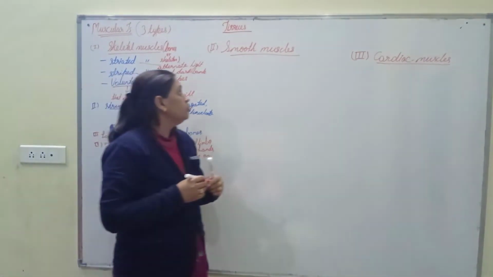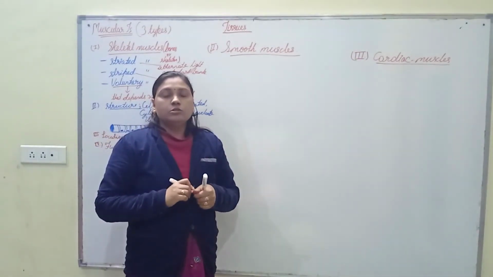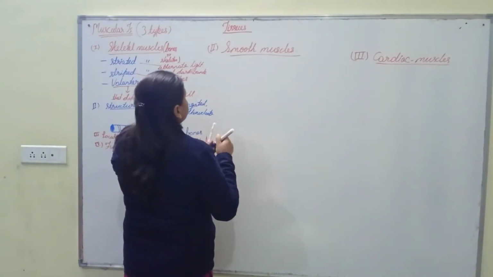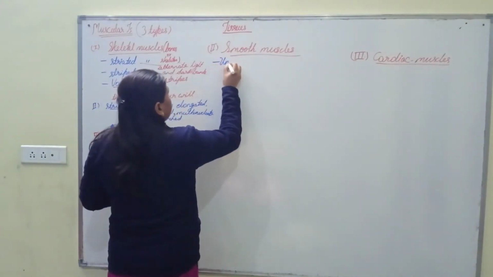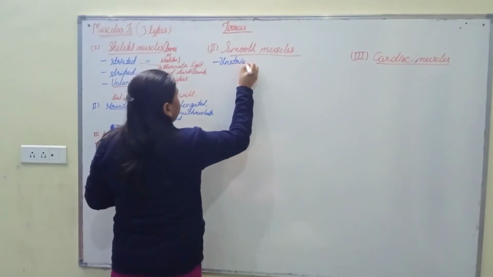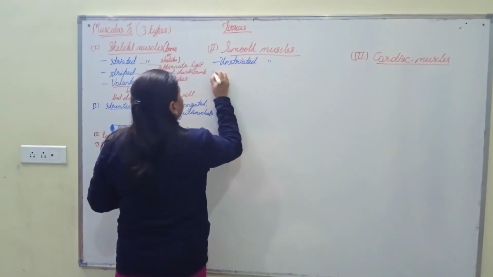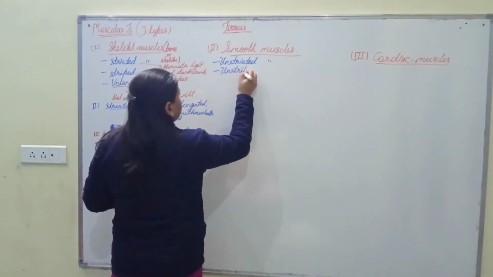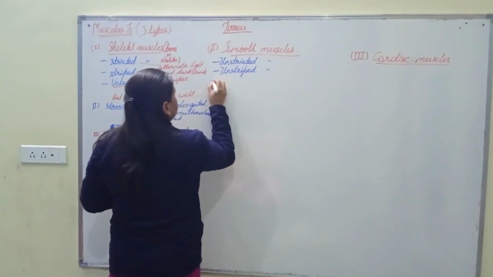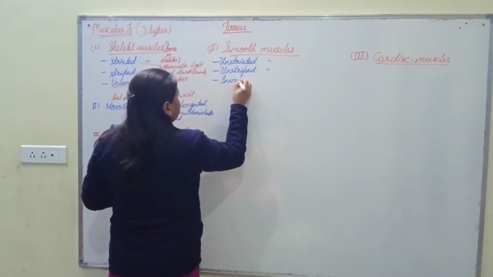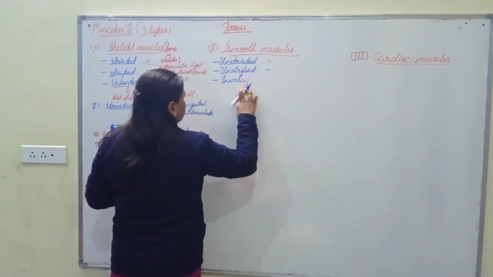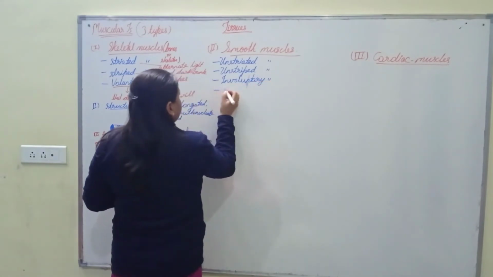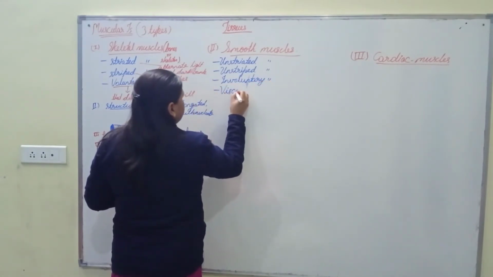Now we have smooth muscles. Smooth muscles also have a few names, and they are unstriated muscles, unstriped muscles, involuntary muscles, and also visceral muscles.